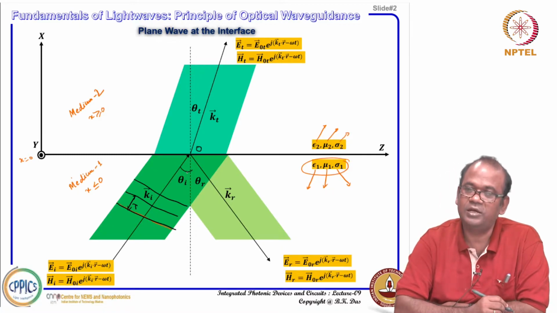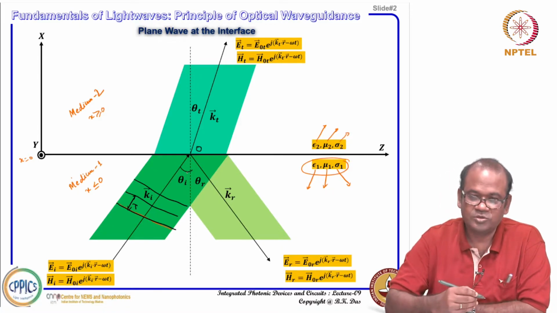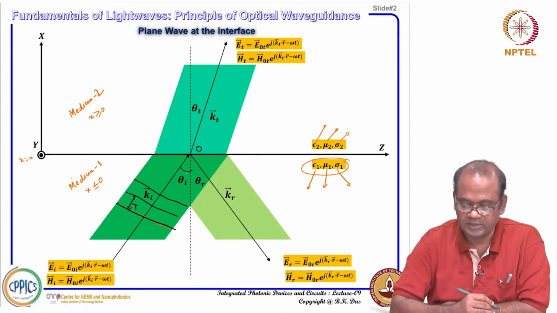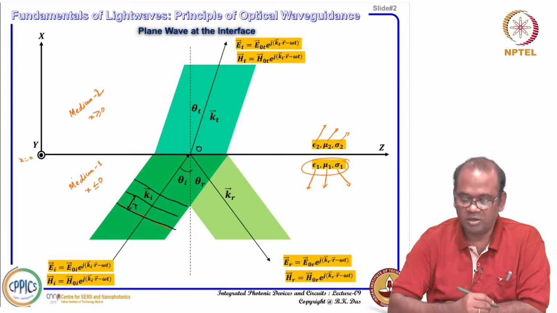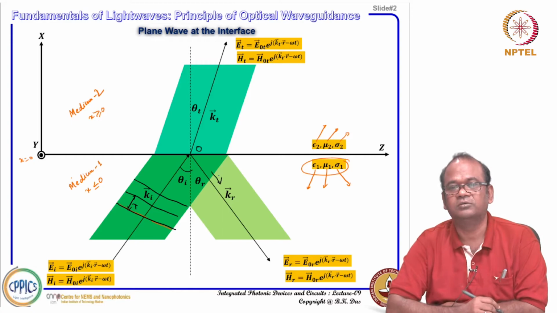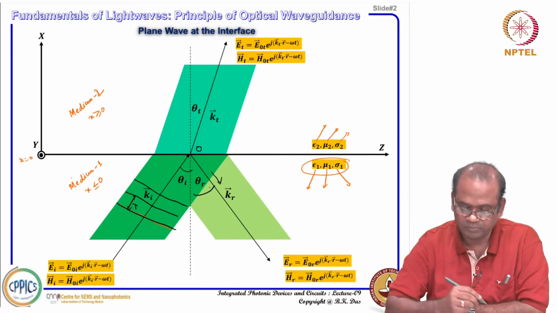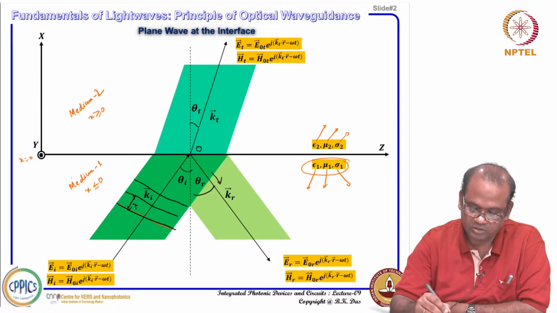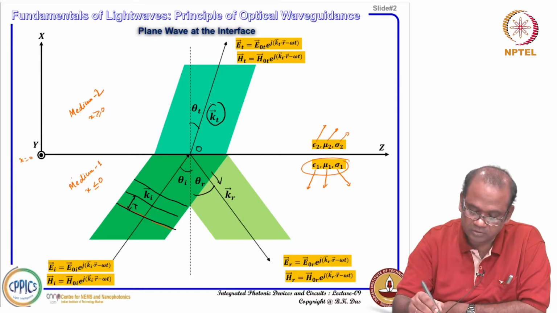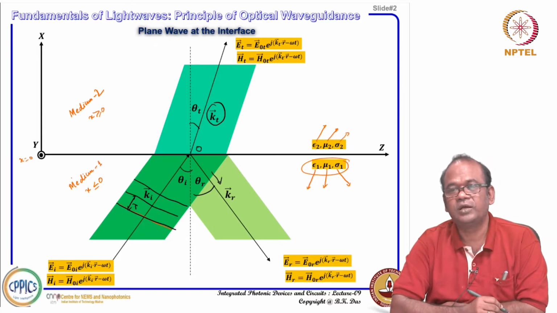Then what happens at the interface? Because the media are different, they present different impedances, so there is an impedance mismatch. Because of this mismatch, a fraction of the power is reflected back with an angle theta_r, and the rest is transmitted to medium 2.